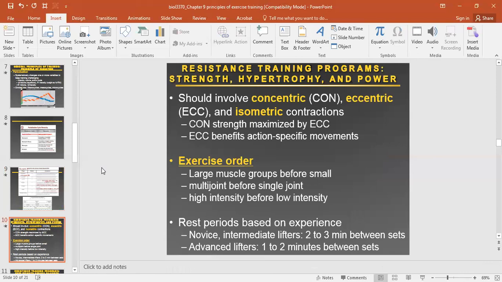So again, a couple of things to finish this up. We've talked about concentric versus eccentric and isometric muscle contractions. Isometric muscle contractions, where the muscle doesn't change length, don't really apply much to athletics and sports. So we typically focus on isotonic muscle contractions, so think concentric and eccentric, whereas eccentric muscle contractions tend to benefit muscle strength more.